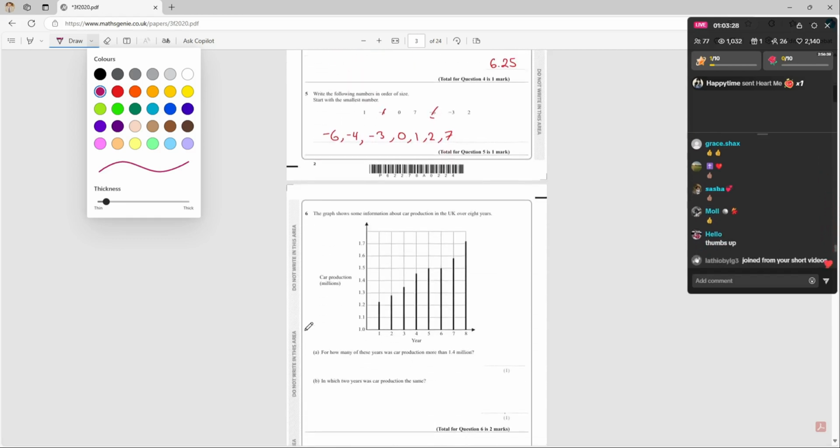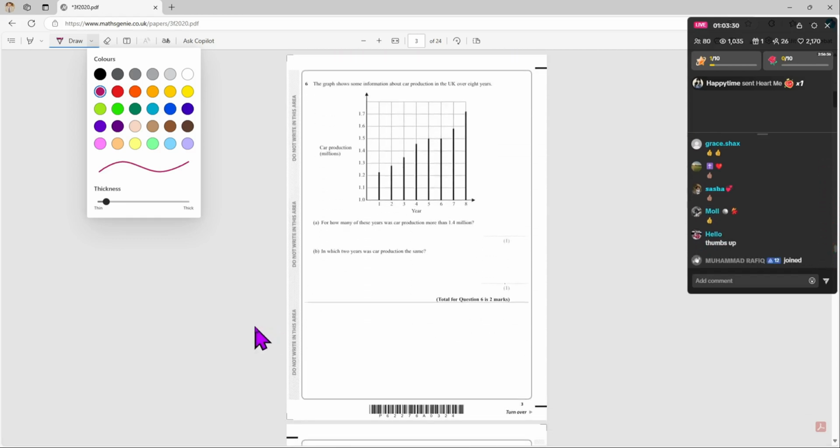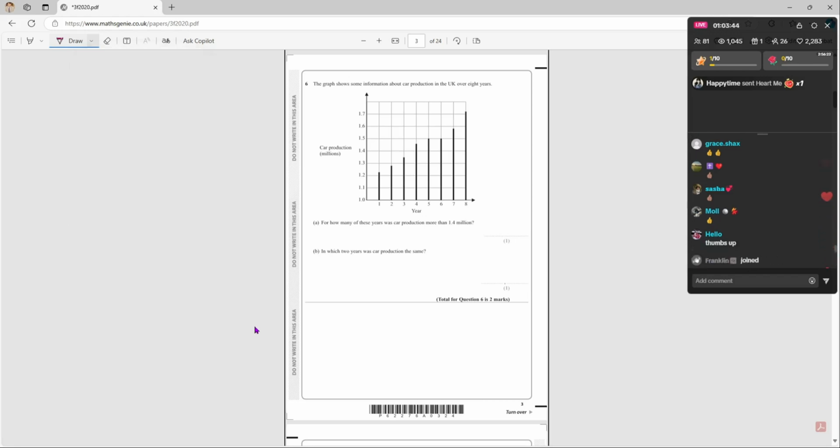So let's move on to question number 6. The graph shows some information about car productions in the UK over 8 years. For how many of these years was car production more than 1.4 million? So we're going to look at our y-axis.